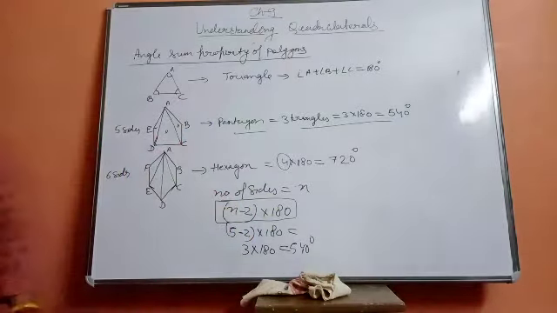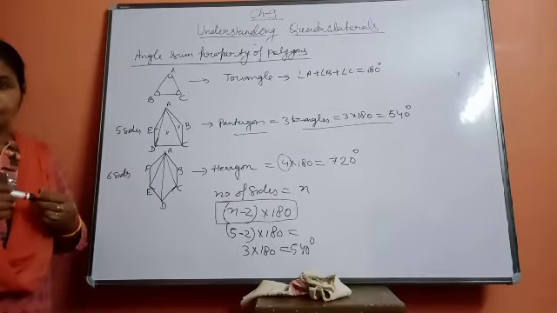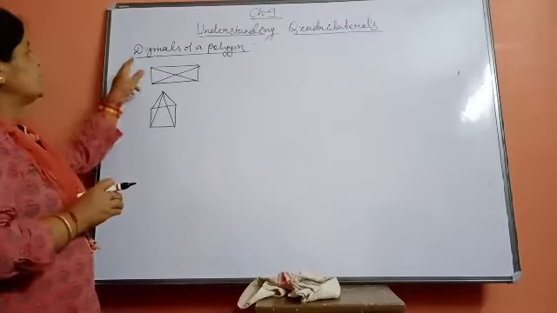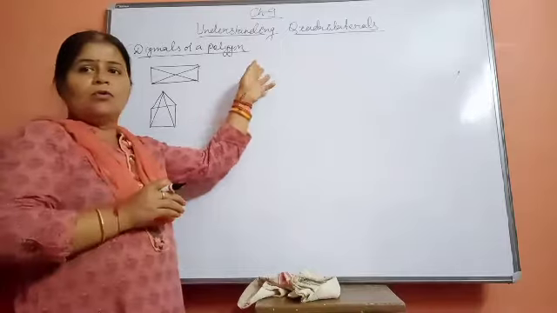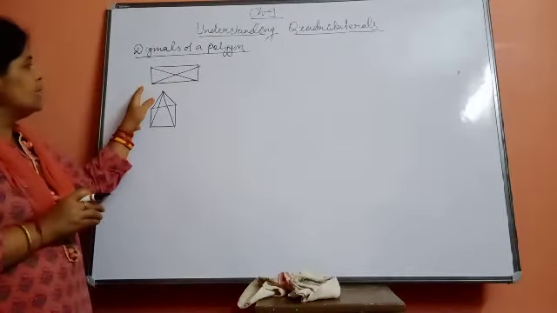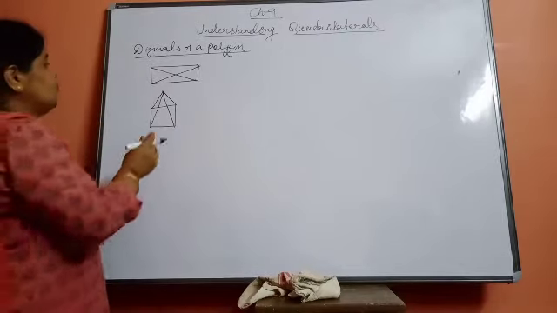Now come to the next thing, diagonals of a polygon. Now we are going to understand. Diagonals of polygons means, beta, right now I also explained what a diagonal is.